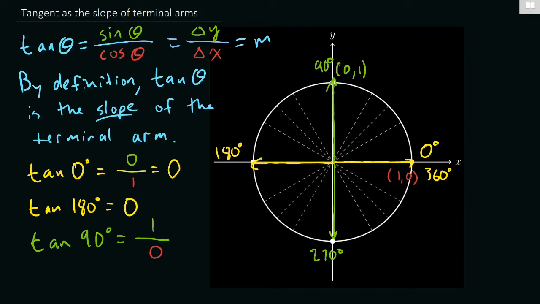As internet memes have well prepared you for, you can't divide by 0. This is undefined. Tangent of 90 degrees doesn't exist. You can't do the tangent of 90 degrees because that is a vertical line. Similarly, tan of 270 degrees is a vertical line. So it is undefined.